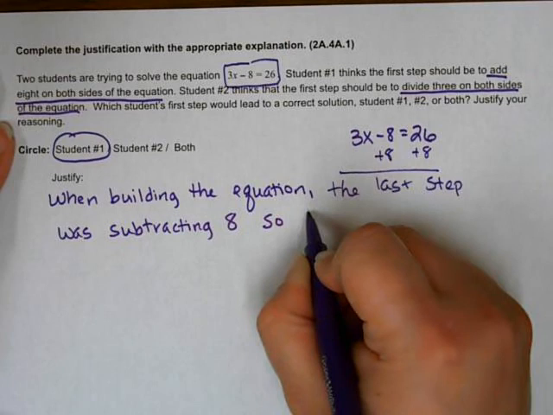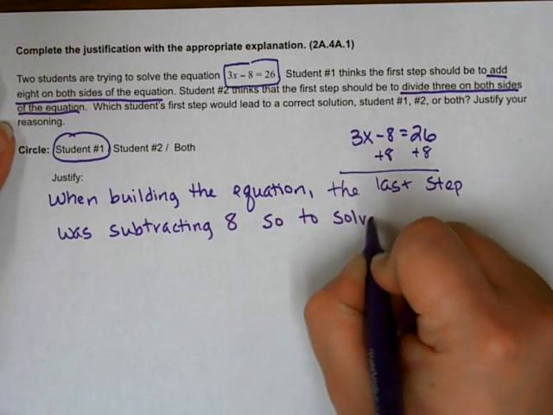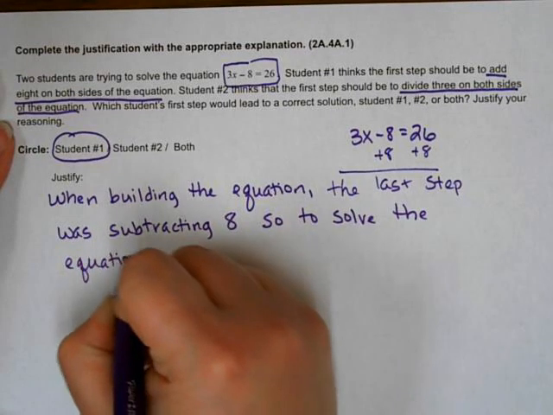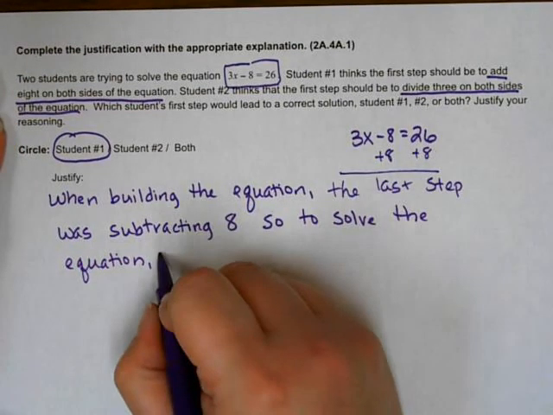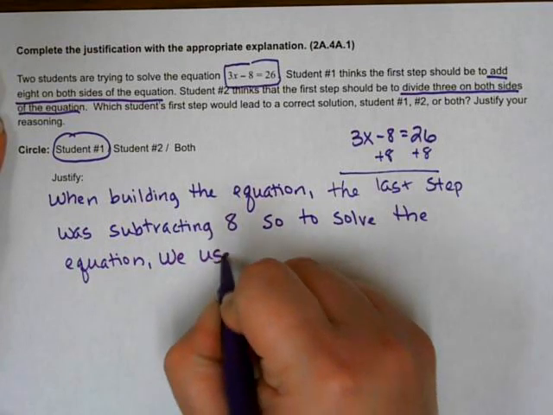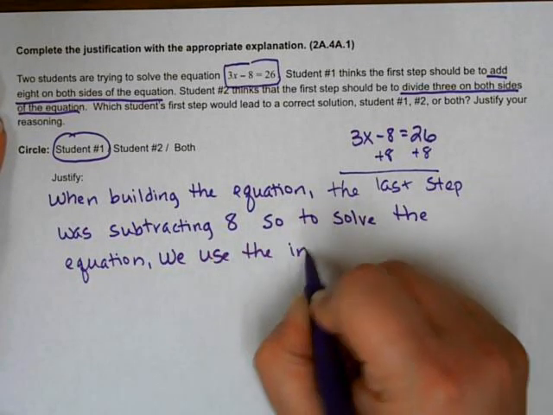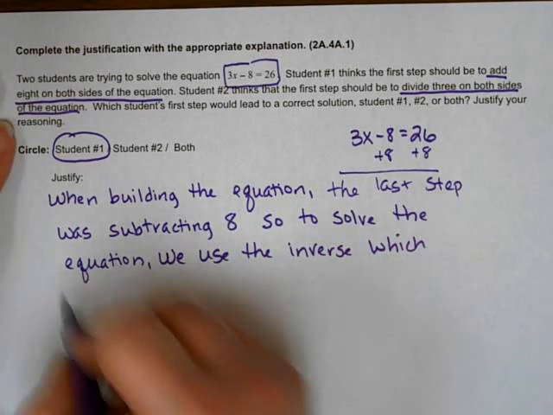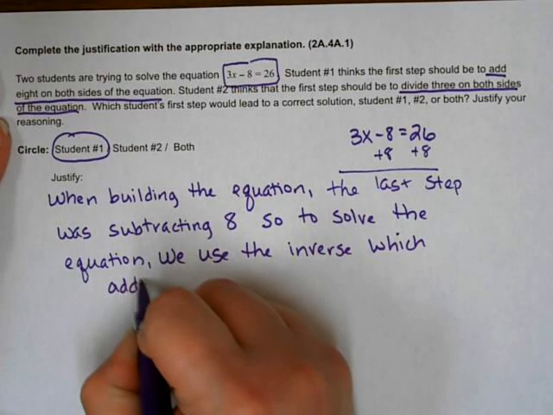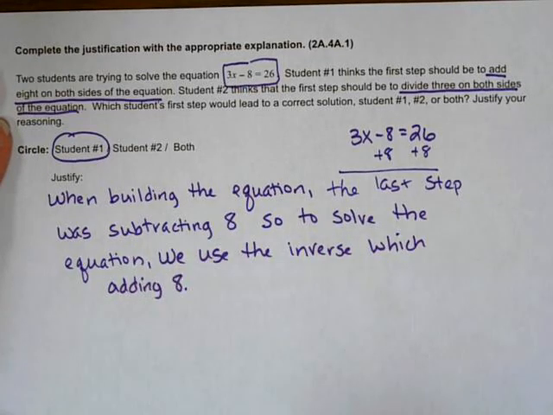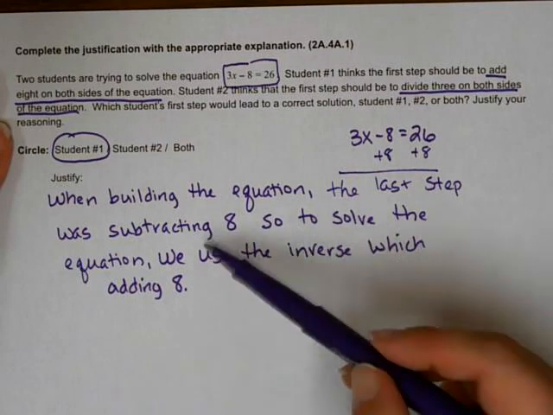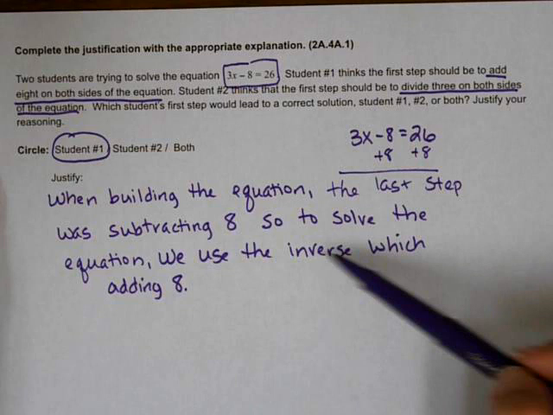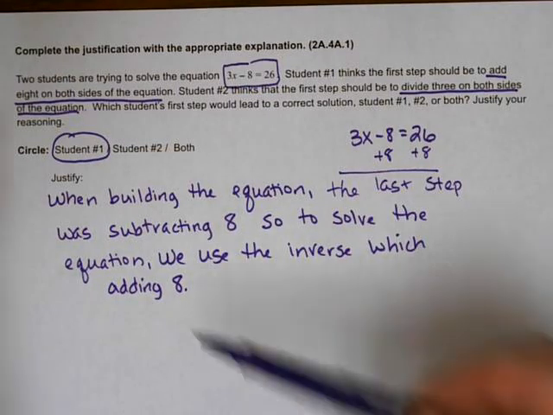So to solve the equation, we use the inverse, which is adding 8. So I want you guys to make sure you talk about when we built the equation, the last step was whatever. And so to solve it, we use the inverse, and then tell me what the actual inverse is.